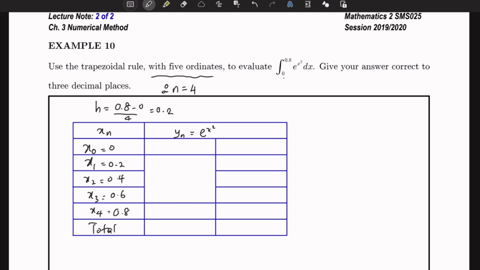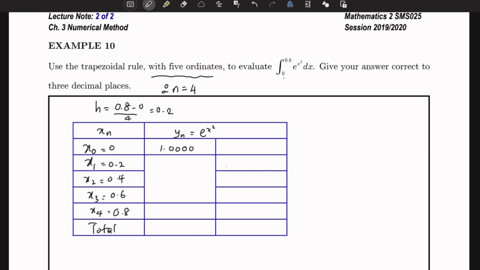So press your calculator. This is 1.000. We want 3 decimal places, so you give your values in your table during workings to 4 decimal places. You need to give one extra decimal place.